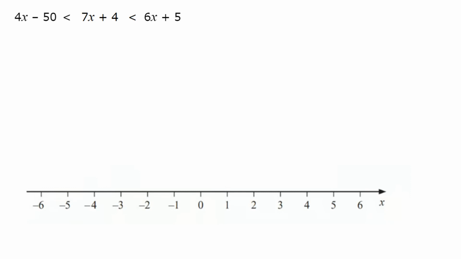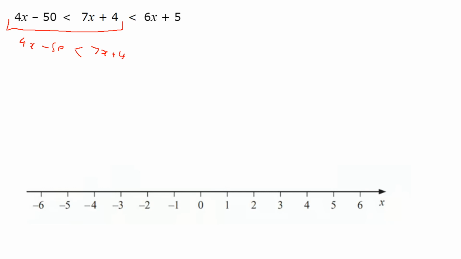Well, we need to solve it as two inequalities. So let's start with this. We say 4x minus 50 is less than 7x plus 4. And now I realize my number line might not be as suitable for this question, but that's okay.